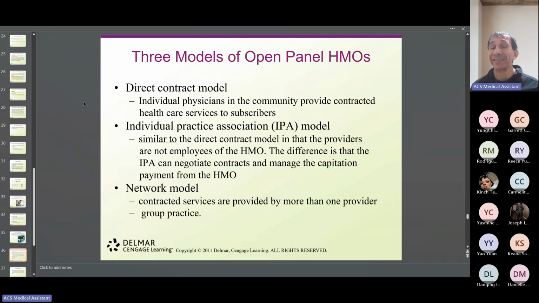So that's basic. But sometimes the medical providers can negotiate with the HMO. I say, listen, $50 is not convenient for me. So what about $60? If you give me $60 for an EKG, you give me this much for the blood work, you give me this much for the other services, I will take your insurance.